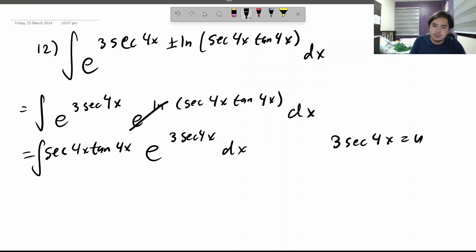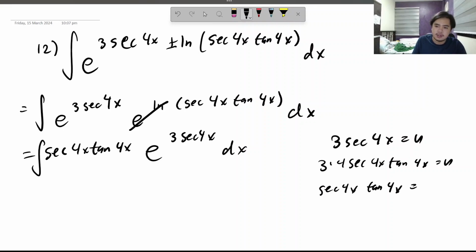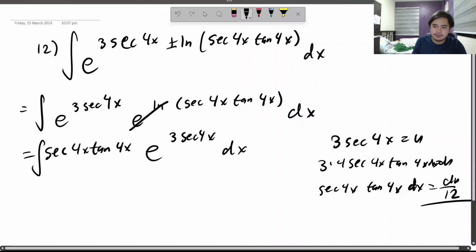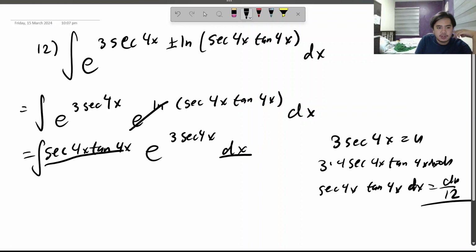Then du equals 3 times 4 secant 4x tangent 4x dx. Sorry, I forgot the dx. So secant 4x tangent 4x dx equals du over 12. So 1 over 12 on the outside, and then du here, and that fulfills the du.